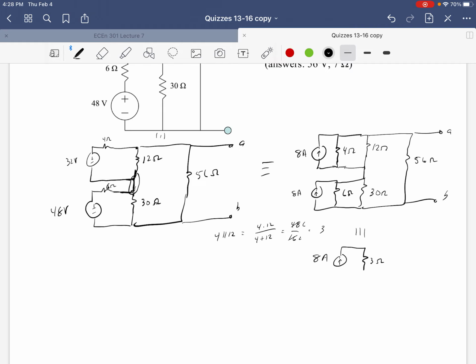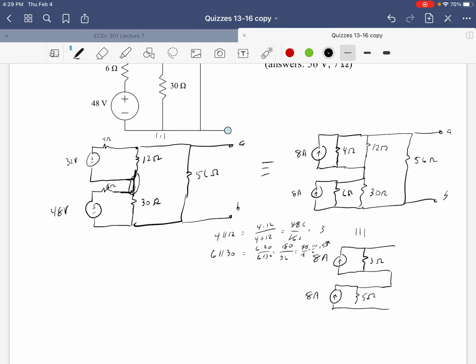All right, 3 ohms. And down here we have 8 amps, and we're going to have 6 in parallel with 30. So 6 times 30 divided by 6 plus 30, so we got 36 on the bottom and 180 on the top. Divide by 2, we've got 90 and 18. We can divide by 9 and we get 10 and 2, so we got 5 ohms. All right, so this is going to be 5 ohms.